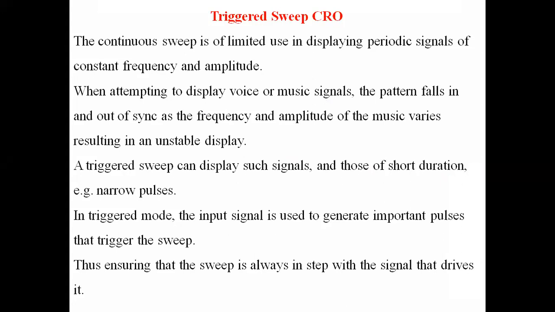In such a situation, the continuous sweep is not suitable, so we go for the triggered sweep generation. Using this, we can also display very short duration signals, that is, narrow pulses.